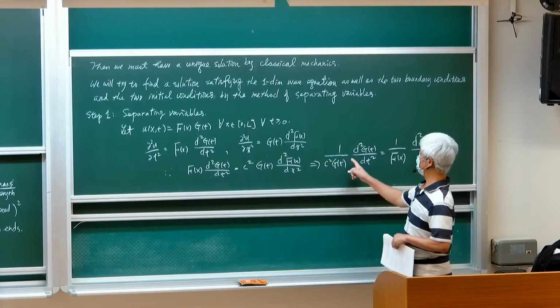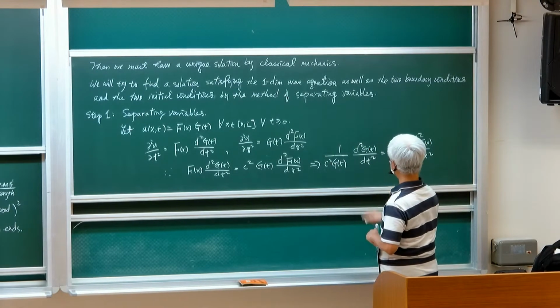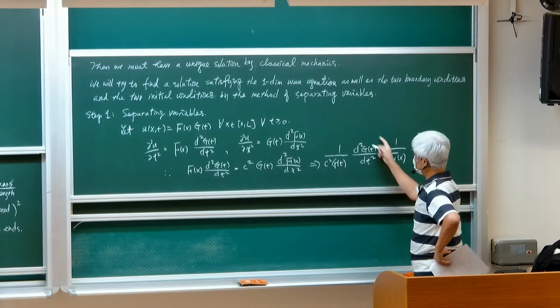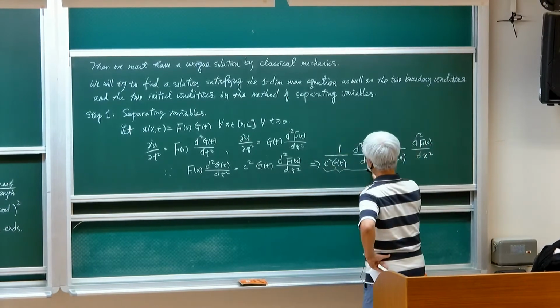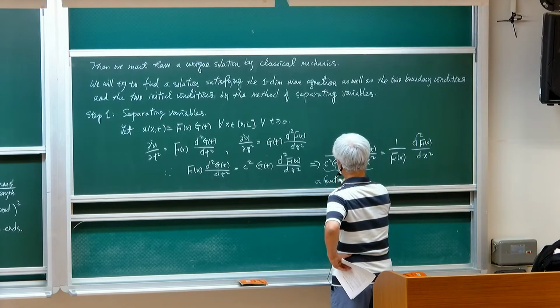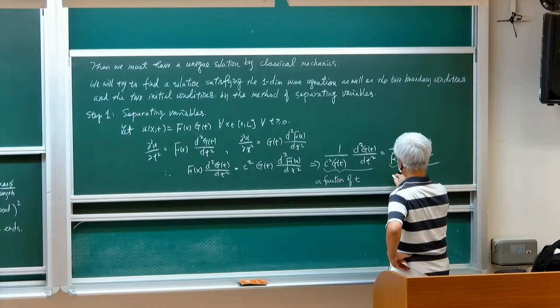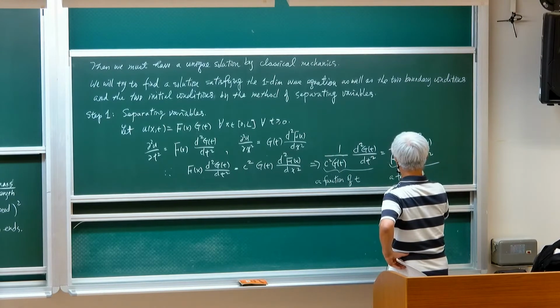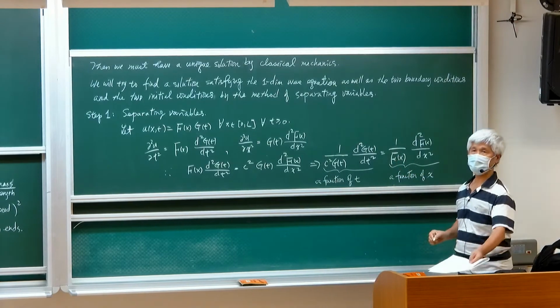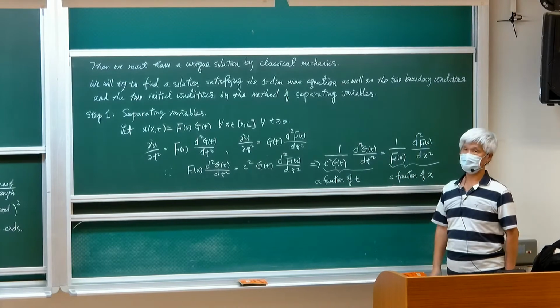Usually we decide to move c squared to here, and so the left-hand side is a function of t, and the right-hand side is a function of x. But they are equal.